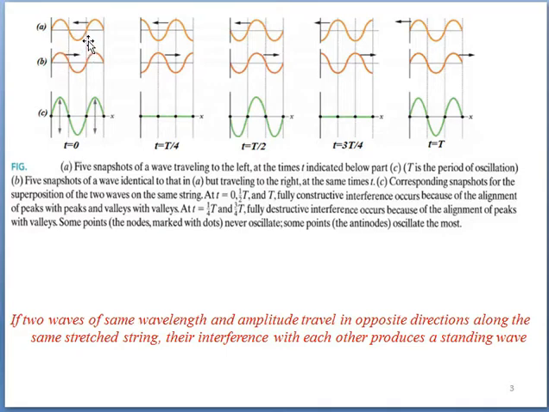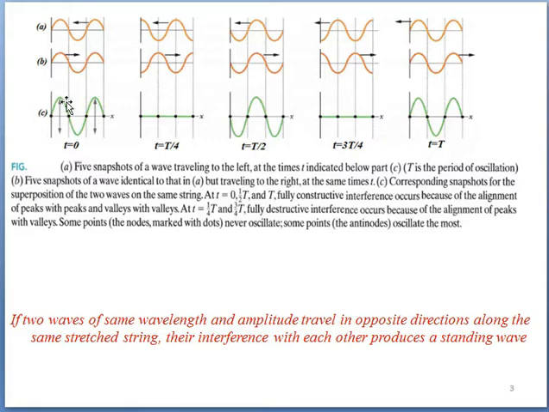So what will be the resultant pattern? In this situation, wave A is moving to the right, wave B is moving to the left along the string. At this position in time, if you look, the crest is on the crest, that is, the crests and troughs of these will meet at this time. Let us call this time t equal to 0.